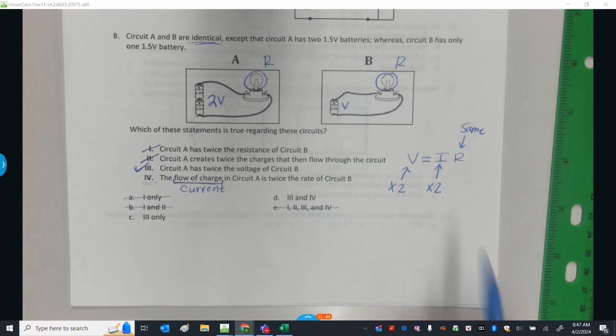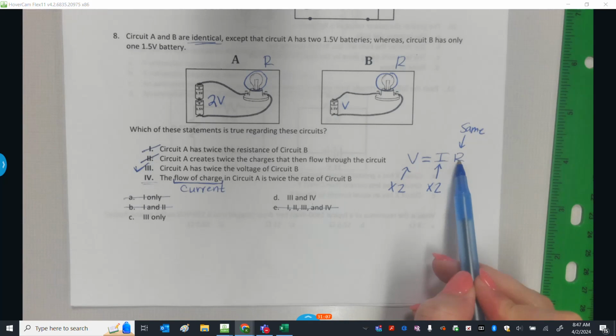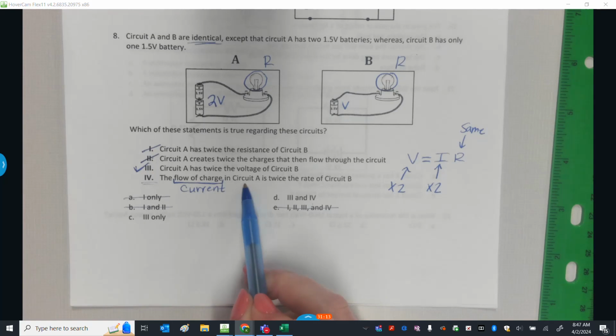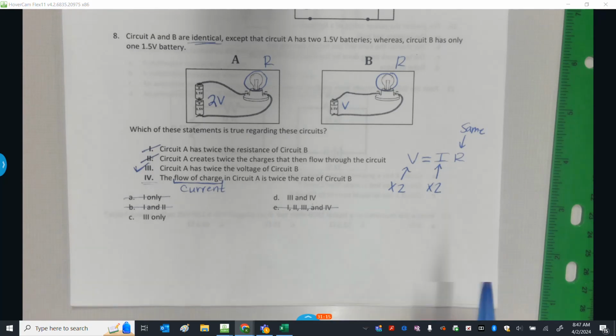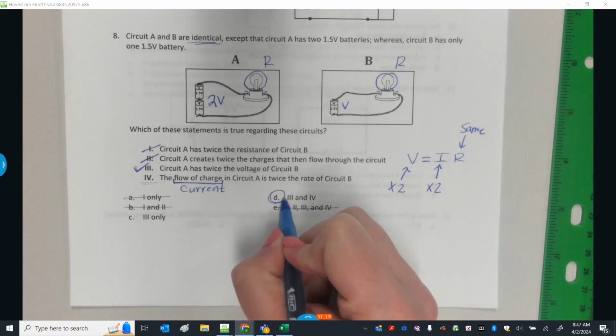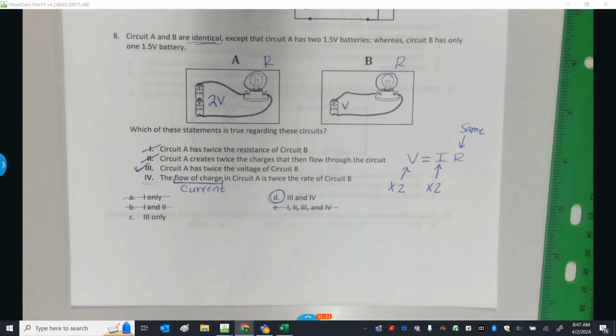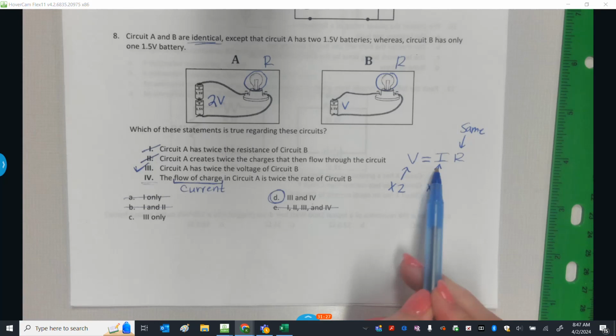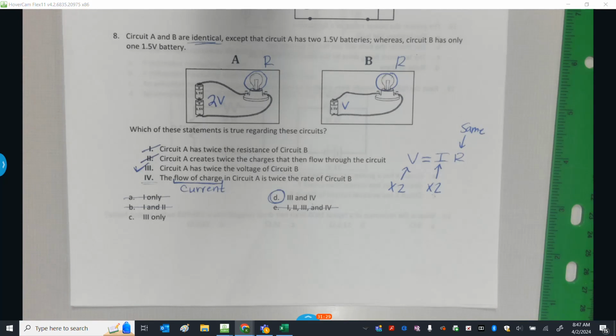If the resistor stays the same, which it does, then when you double this, this also doubles, which means you do have more current in circuit A because you also have more voltage in circuit A, which means the answer is D. Both statement 3 and statement 4 are correct. So again, when you double your battery voltage, you will get double the current if you leave the resistors the same. Are there any questions about number 8?